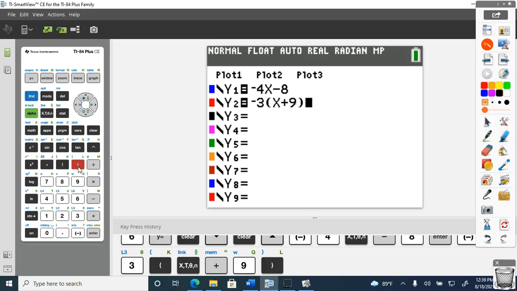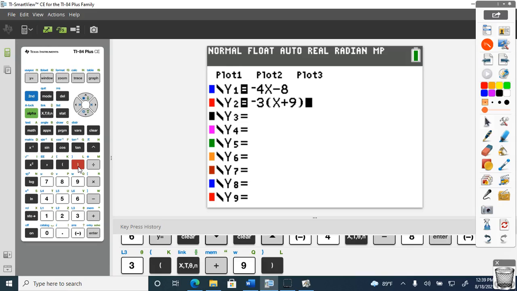Question. Yes. When we have the parentheses, can we go ahead and solve it before we put it in there, or do we have to put it in there? You mean distribute it? Yeah. You could distribute it if you want to, but I wouldn't, because one, it takes more time, and two, what if you mess up? I get it, but I mess up simple stuff all the time.